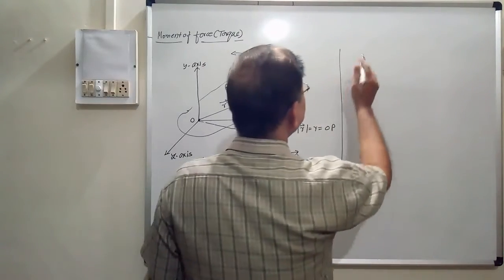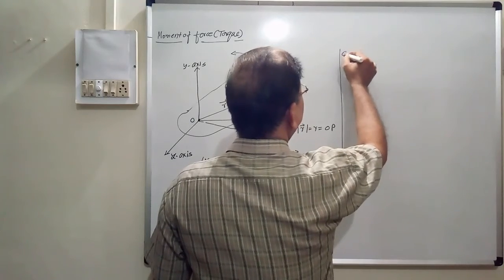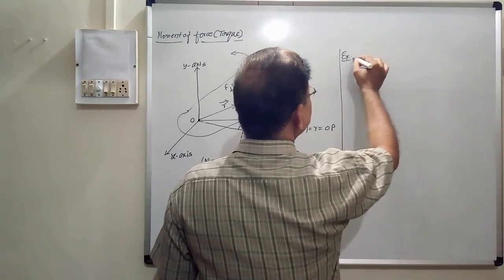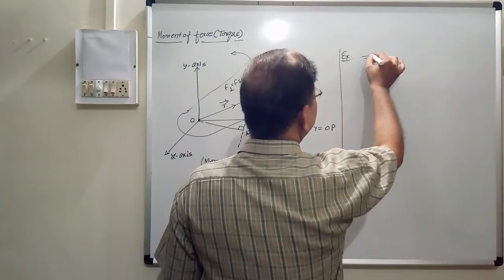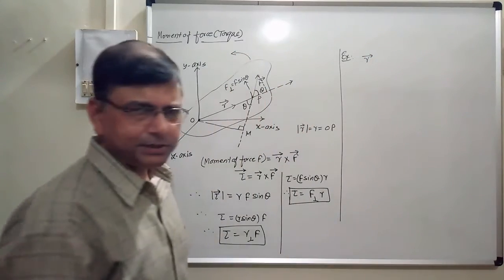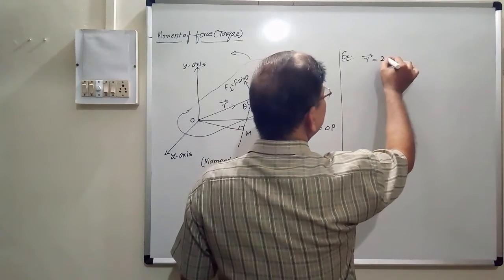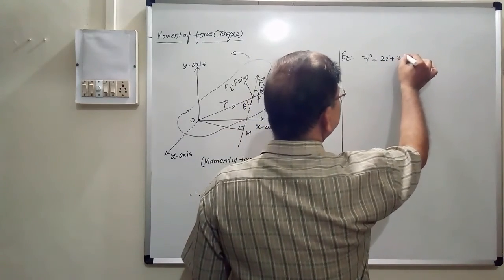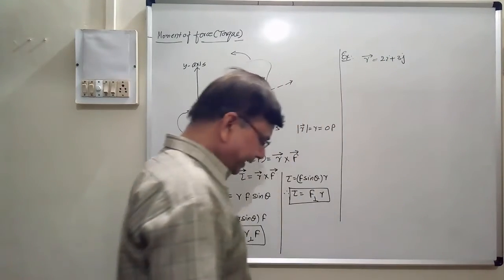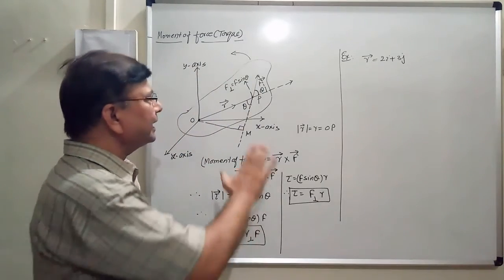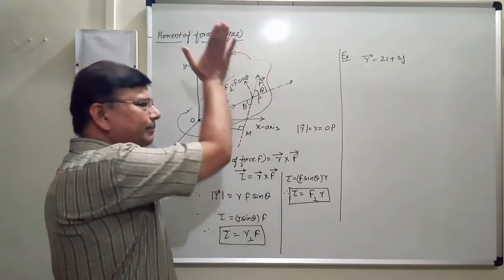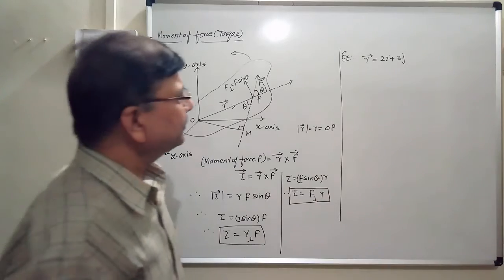Suppose the position vector of the point P at which the force is applied is 2i plus 3j, because I have taken the position vector in the xy plane, that is the plane of the board.